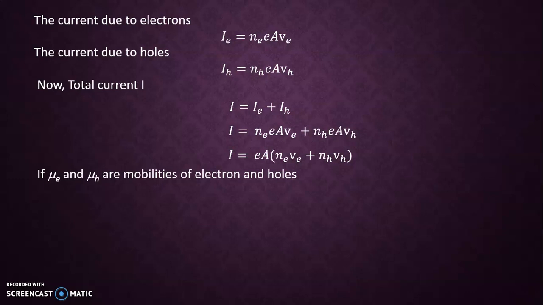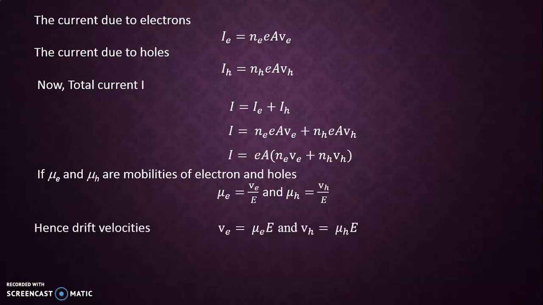So instead of the drift velocity of electron and drift velocity of hole, we can write the equation as mu_e, that is the mobility of electron, is v_e upon E, that is the drift velocity of electron upon electric field, and mobility of hole mu_h is equal to v_h upon E. So we'll put these values instead of drift velocity.